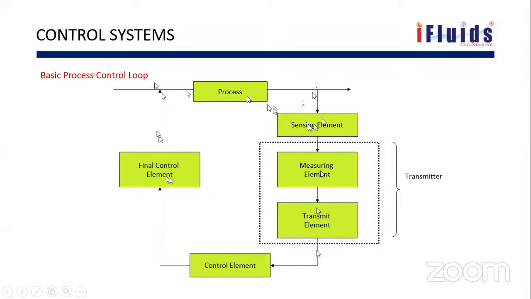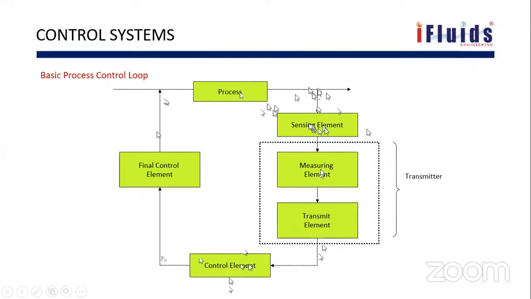It measures, it transmits that signal to a controller, which will check the flow with the set point, and it gives input to this final control element that may be a control valve.